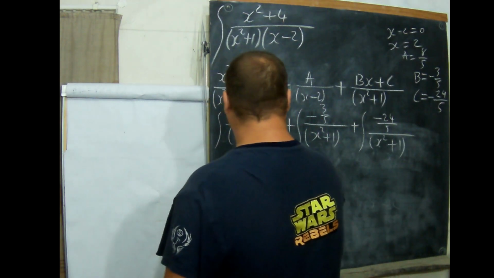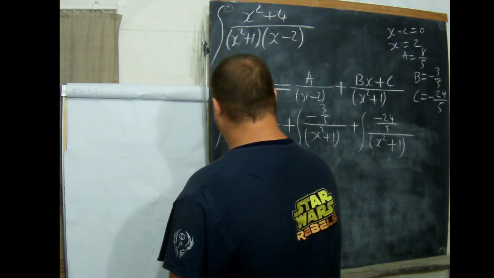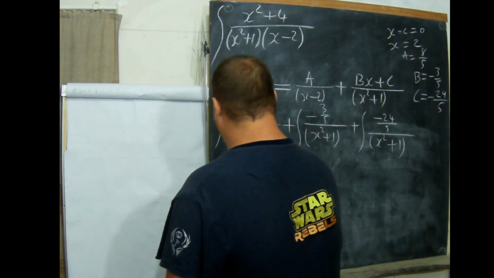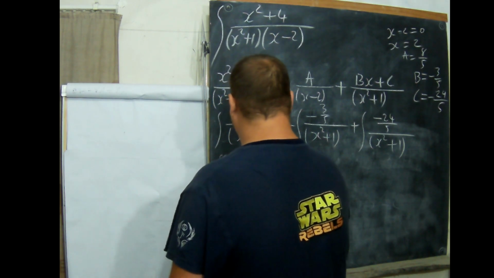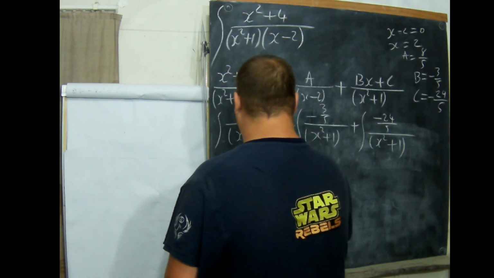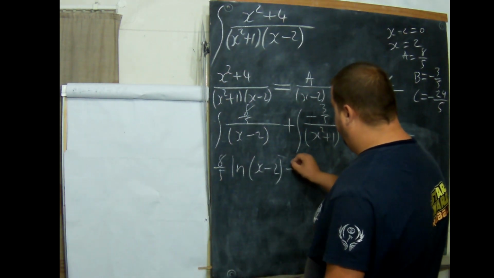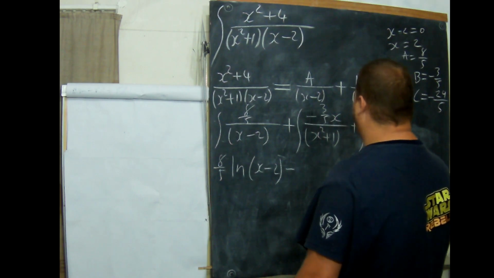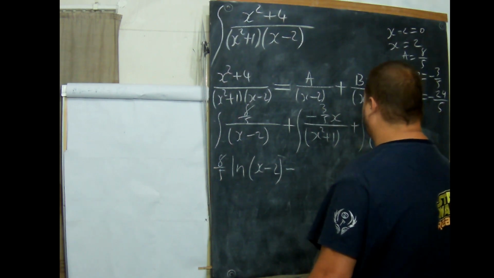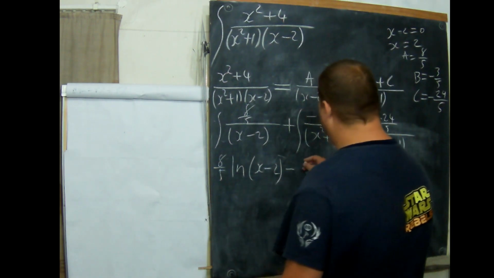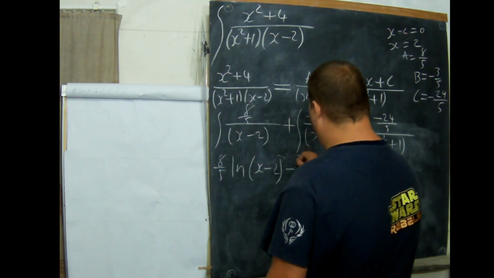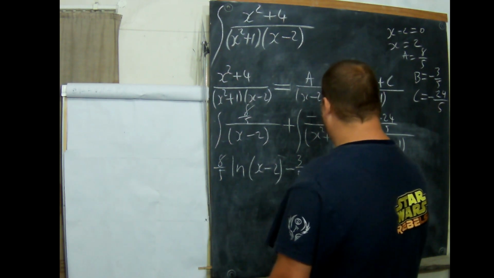So, this will become 8 over 5 ln x minus 2. I forgot to put the x in because it's bx. So this will become minus 3 over 5.